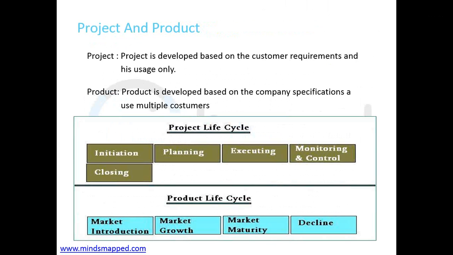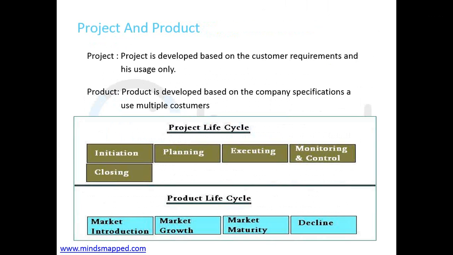The life cycle it follows is like this: we take the requirements from that particular customer, that's the initial phase. Then we do planning based on the requirements, like what kind of designs the customer is looking for, which technology we should be using, what programming languages we are using. Based on that, the planning is done.